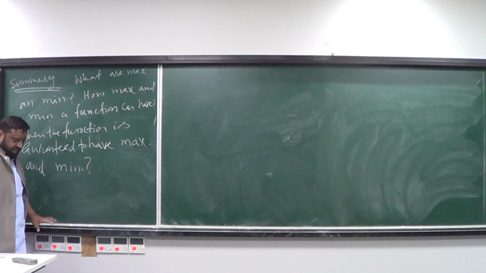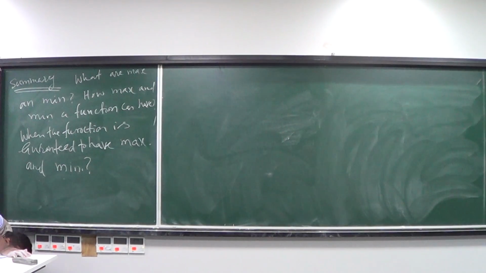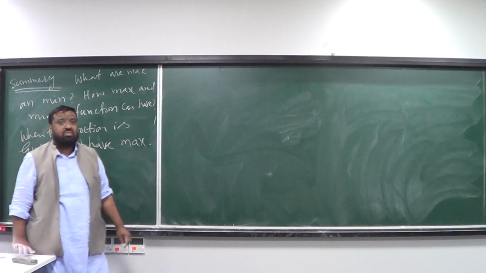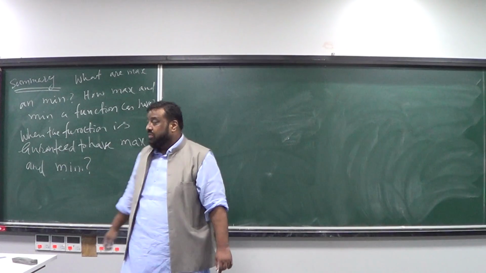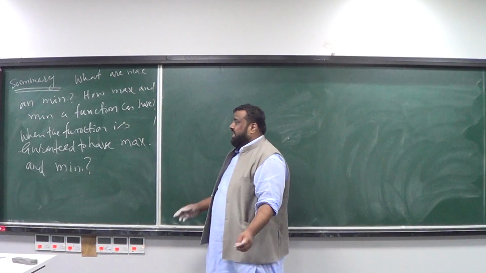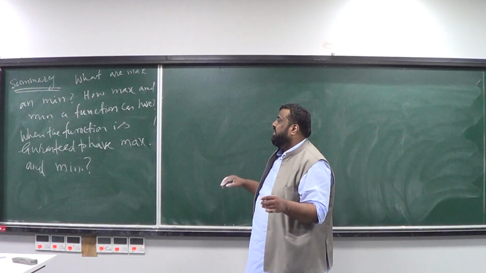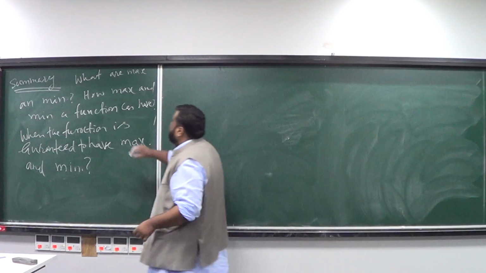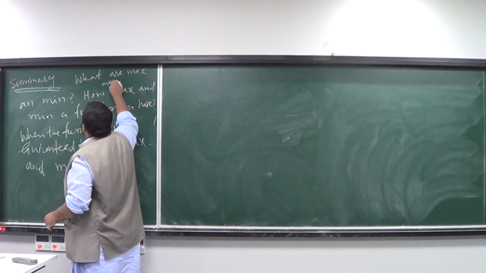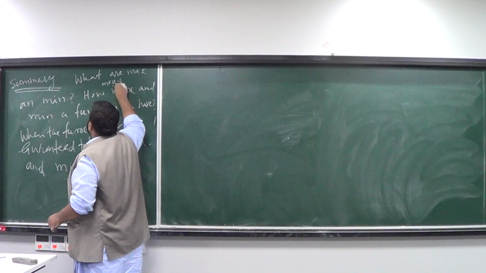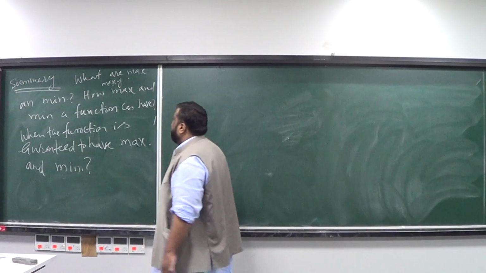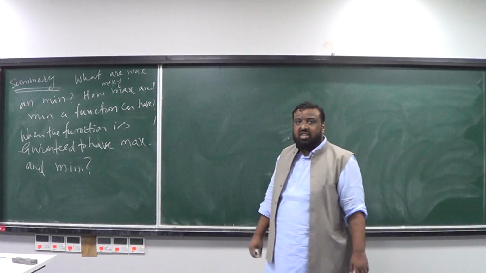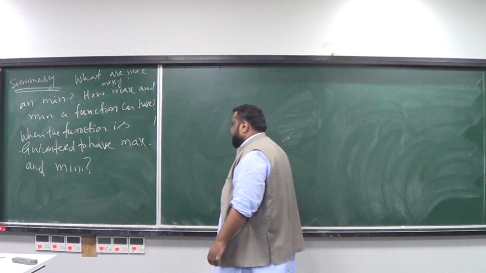Okay? So we have kind of tried to make sense of these three things. What are maximum and minimums of a given function? How many max and minimums a function can have, and when a function is guaranteed to have maximum and minimums.